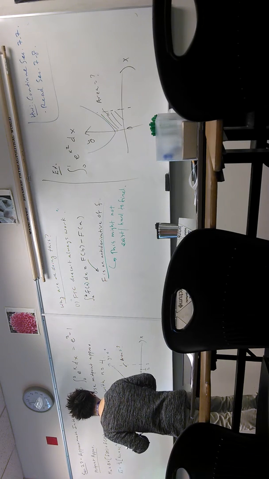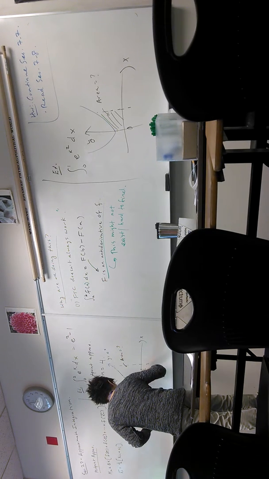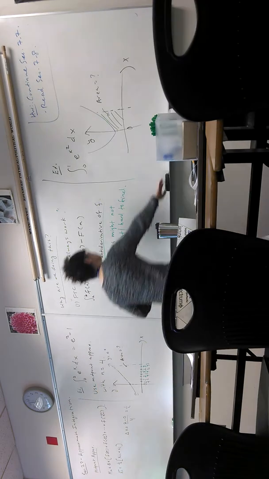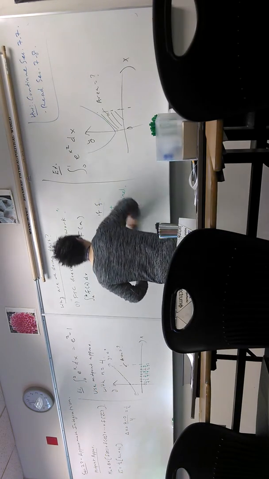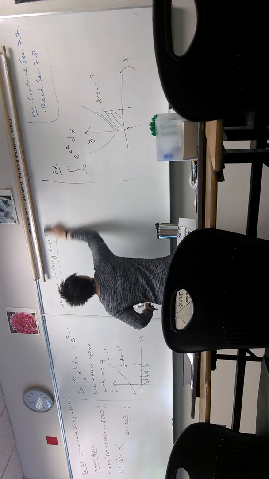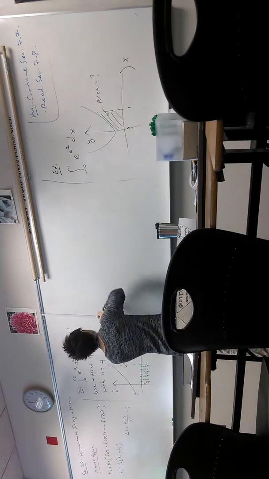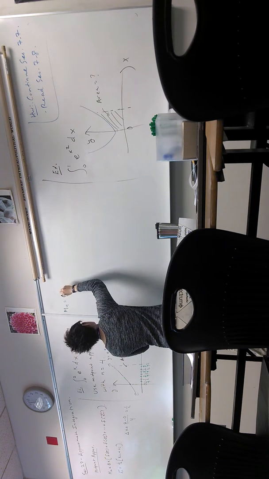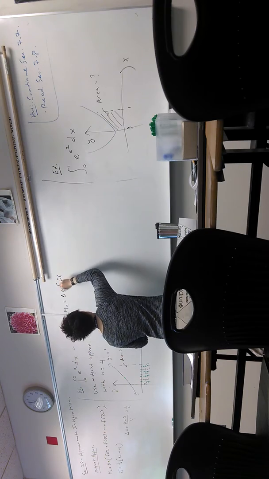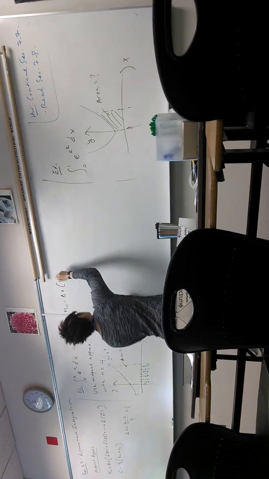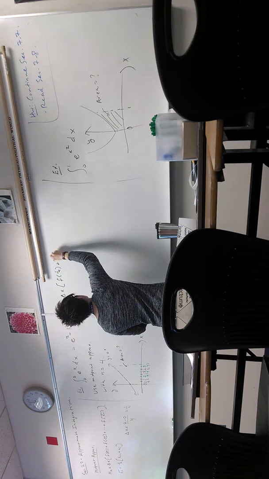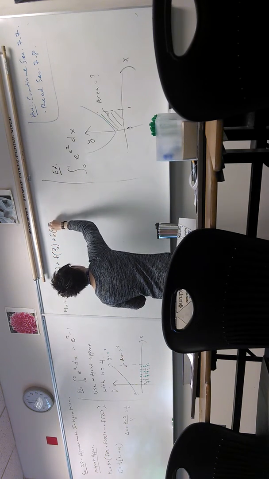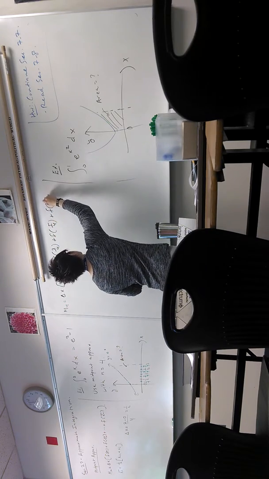What's the next one? 5/4, and then 7/4. So the midpoint approximation, M sub 4, is going to be delta x times f of 1/4 plus f of 3/4 plus f of 5/4 plus f of 7/4.